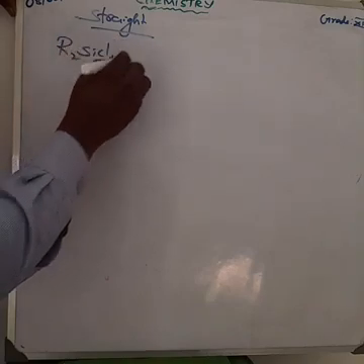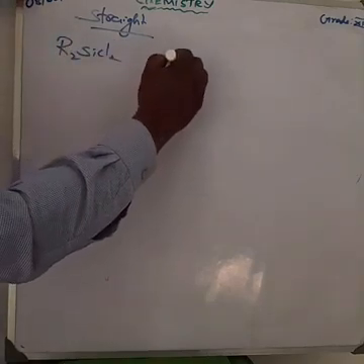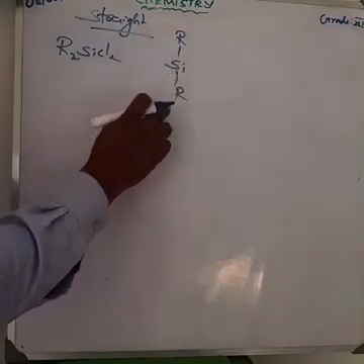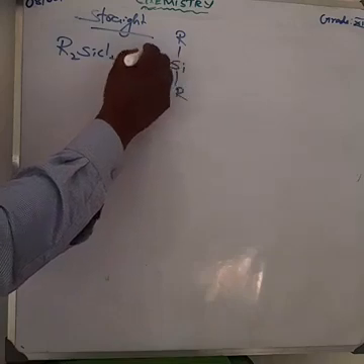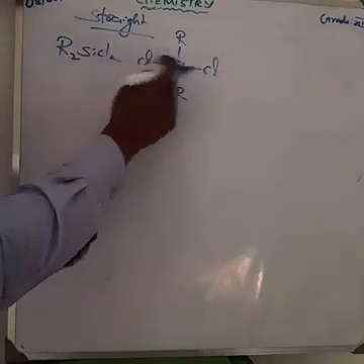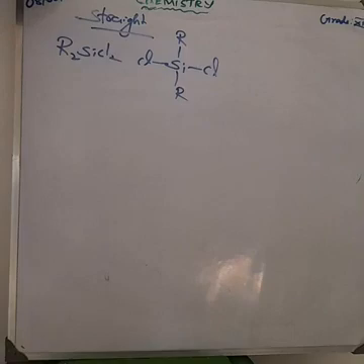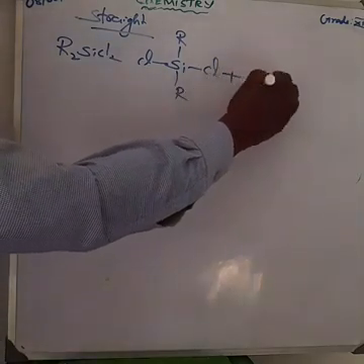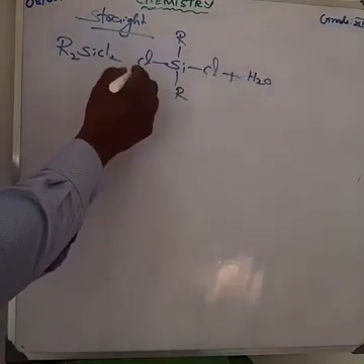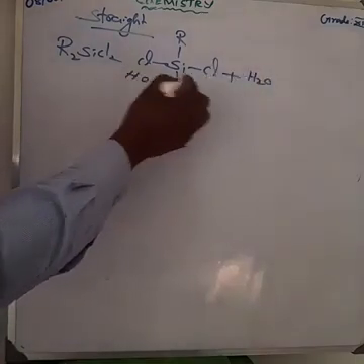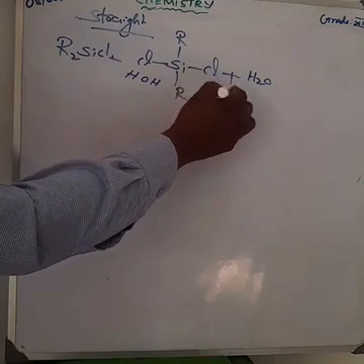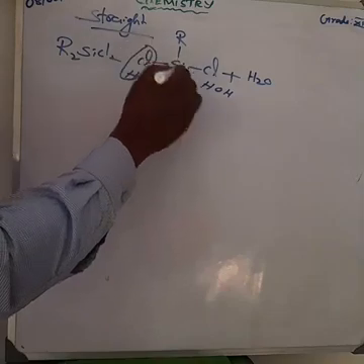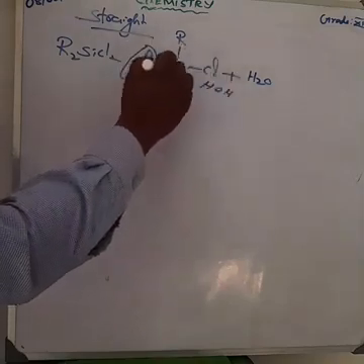R2SiCl2 can be written with silicon, Si, in the center. There are 2 R, so one R above and one R below. There are 2 chlorine atoms, Cl, on either side. It reacts with water, so we add H2O, as H and OH, on both sides. The hydrogen combines with the chlorine to form HCl, and the OH is attached.